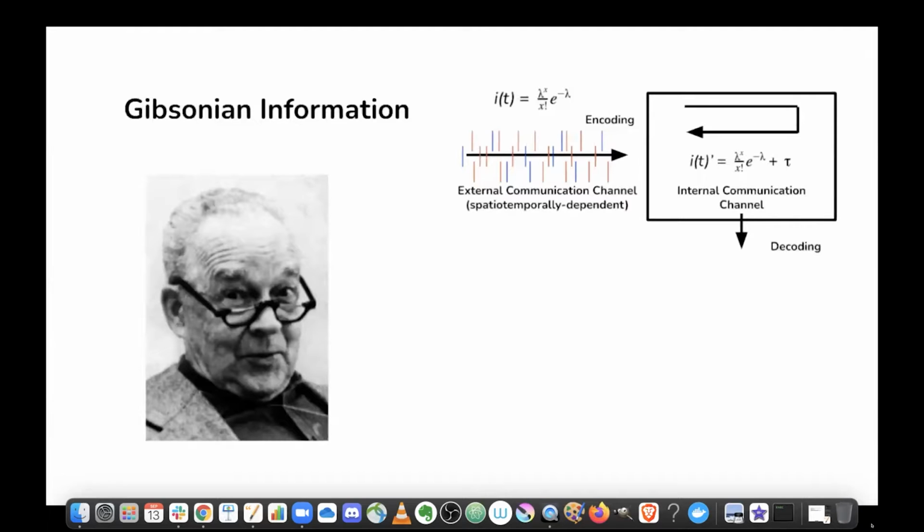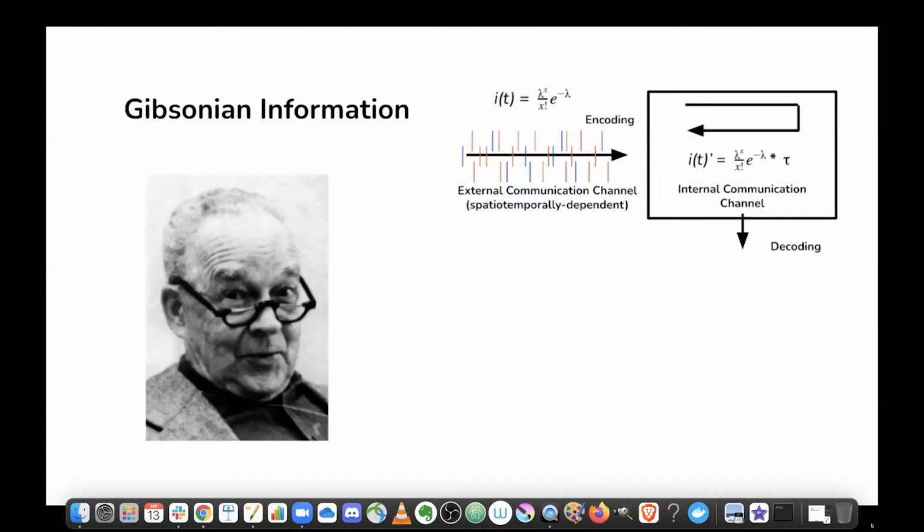From different perspectives, you see different types of Gibsonian information, and all of that is encoded into this internal communication channel, which is characterized by this Poisson distribution plus this parameter tau. Tau can represent some sort of lag or transformation of those states and their arrival times into an internal representation. And then finally, there's decoding of Gibsonian information, which is how it affects behavior.